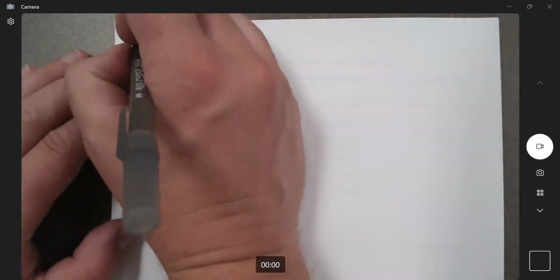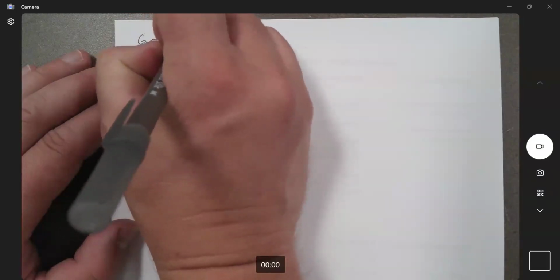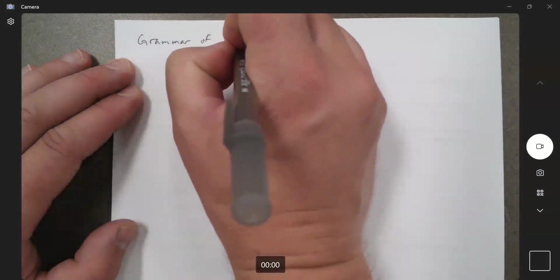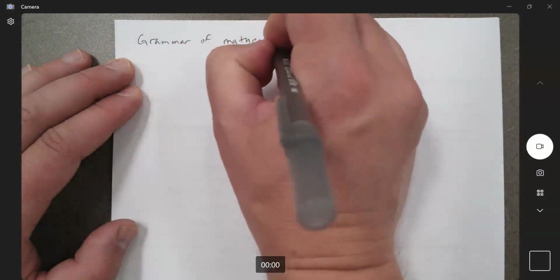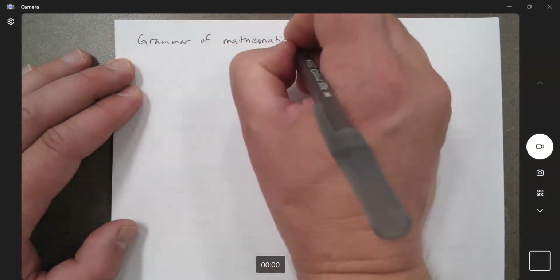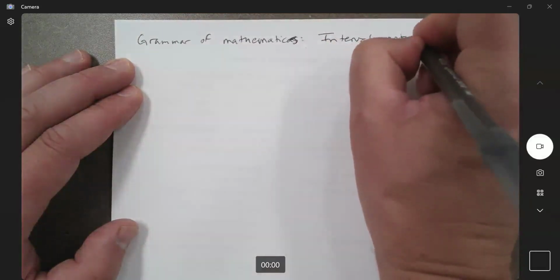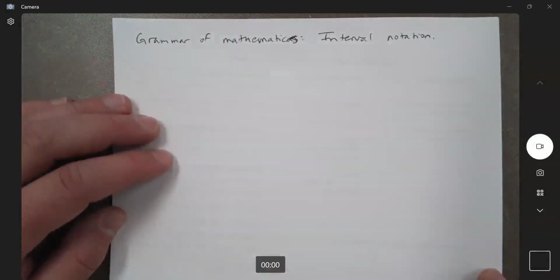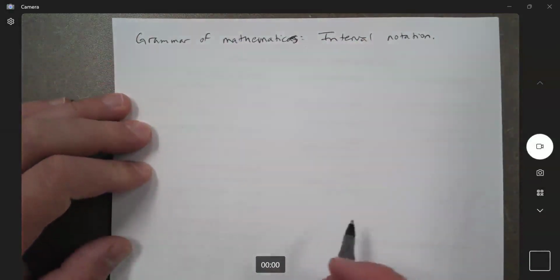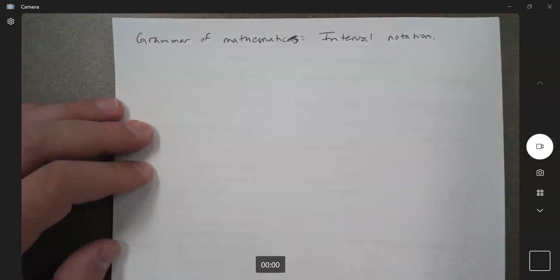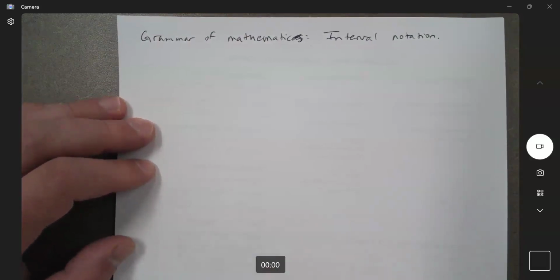So for representing things like domain and range, we often use something in mathematics called interval notation.